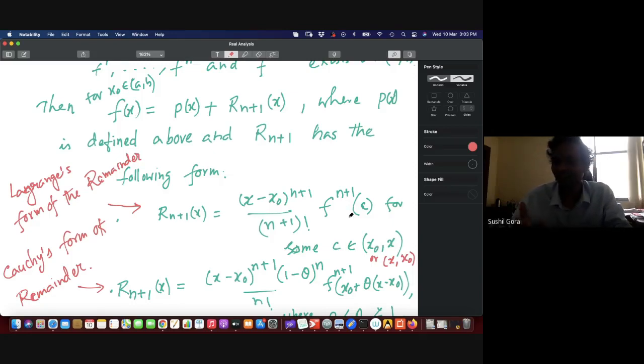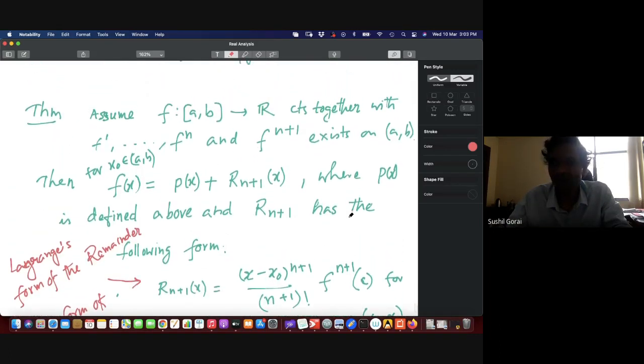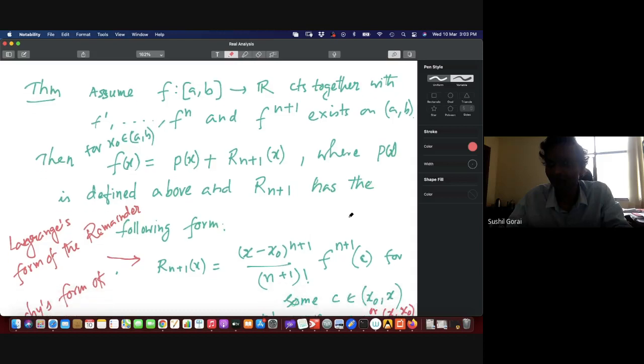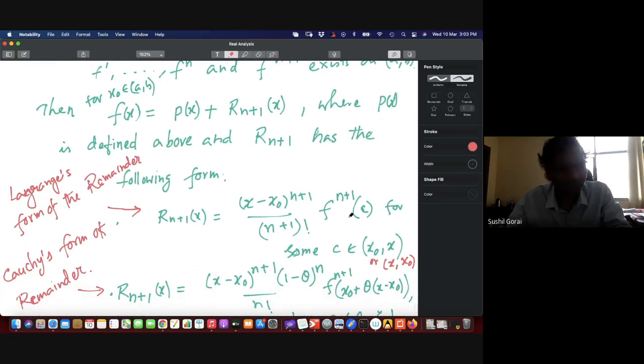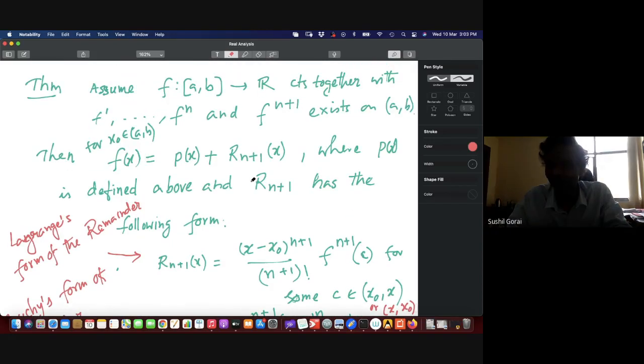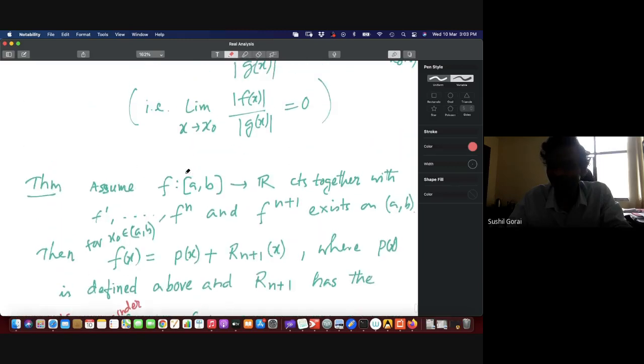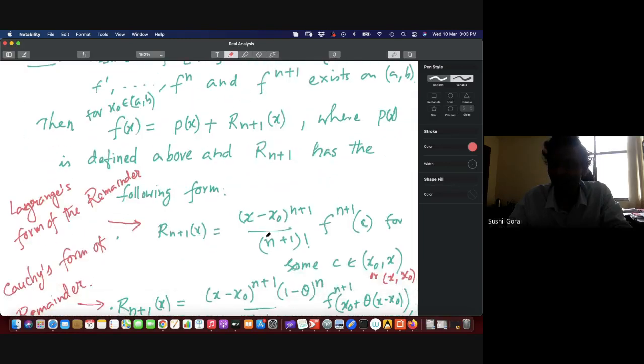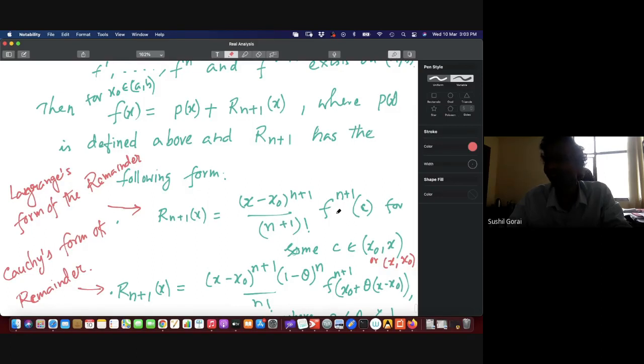So you see this n, if you choose n equal to 0, you will get back the mean value theorem. Using n equal to 0, you get the mean value theorem back. Here R_1 is just (x minus x naught) times f prime of c.